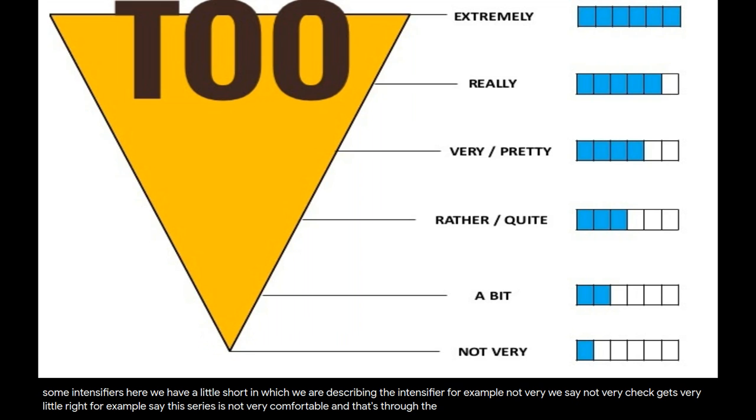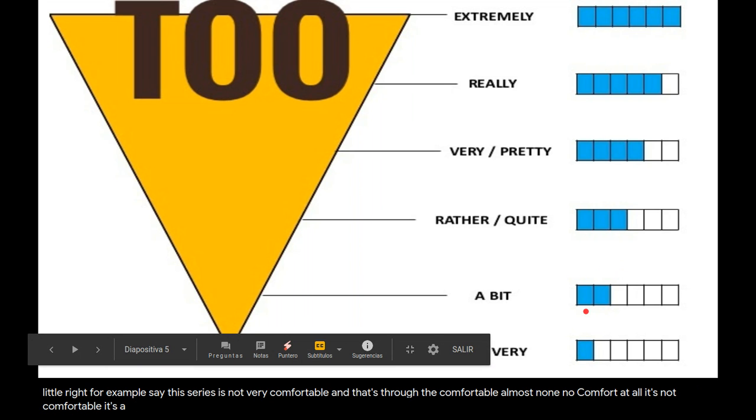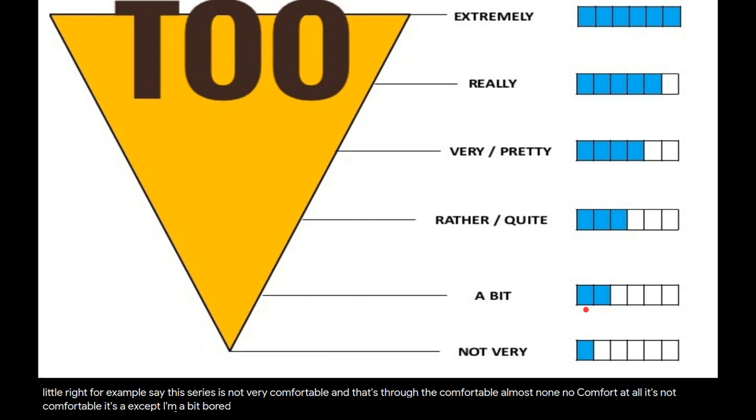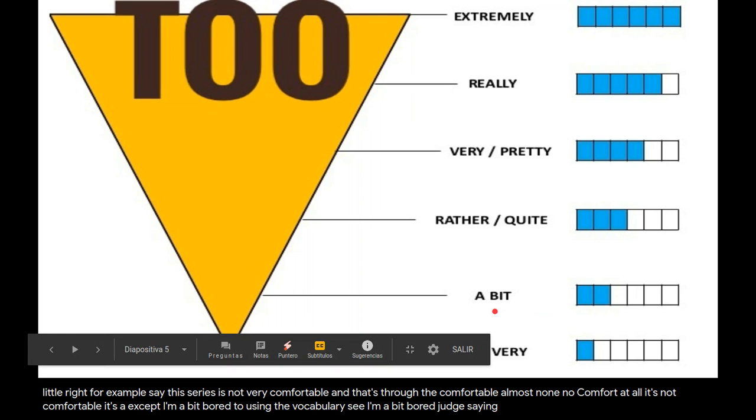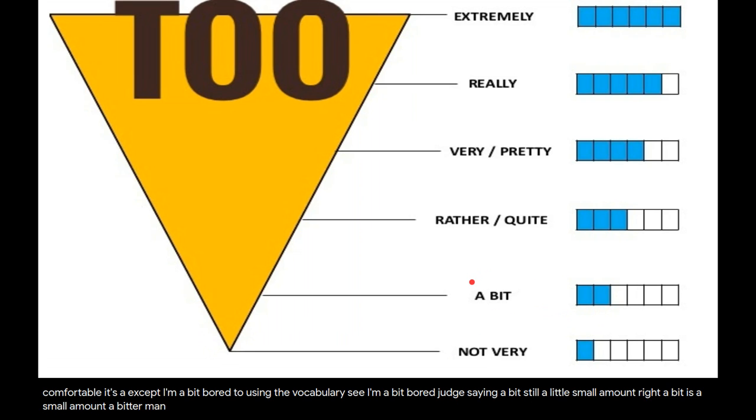So comfortable, almost none. No comfort at all. It's not comfortable. Then, a bit. Example, I'm a bit bored. If I say I'm a bit bored, saying a bit, it's still a small amount, right? A bit is a small amount. A bit of money. I have a bit of money.